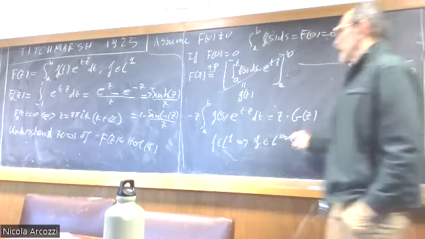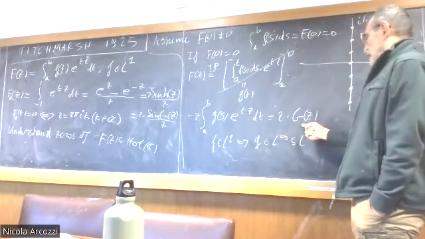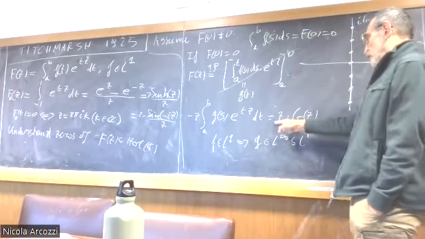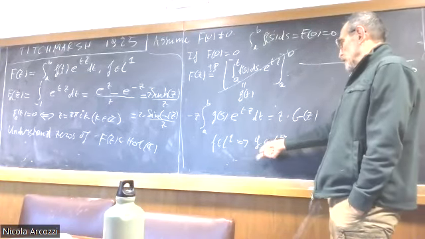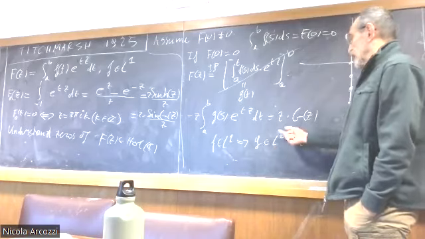And so I have reduced the order of the zero at 0 by 1 with this g, and I have a function with the same properties.